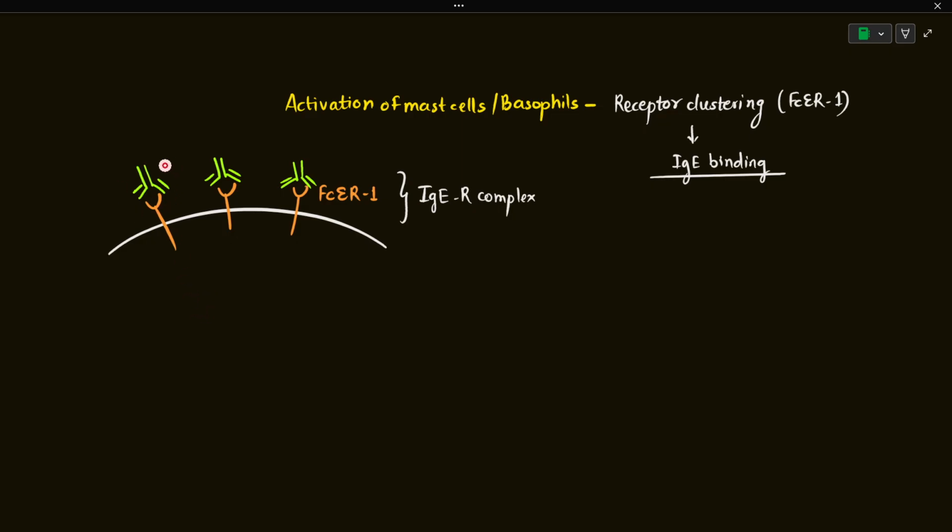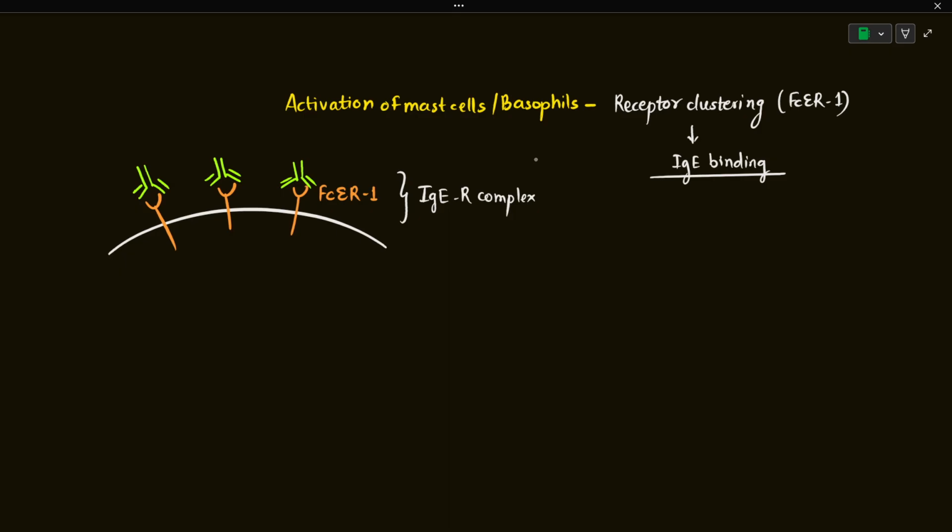But as this IgE antibody cross-links, it is going to interact with the antibody which is already bound to some other receptor. The interaction between those two antibodies is known as cross-linking, and that is going to bring those two receptors together, and multiple receptors will be clustered in a particular area, resulting in the activation of the mast cells or basophils.